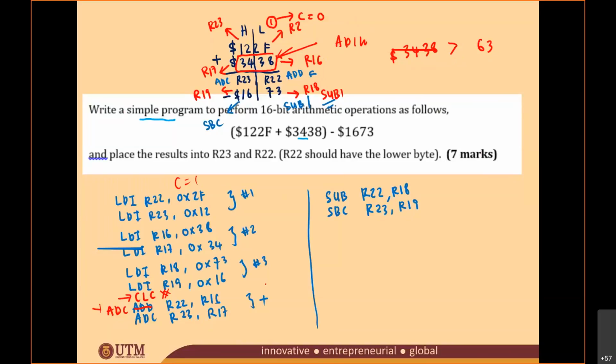So you cannot use the ADIW. Same for SBIW, it is greater than the required value there. If this value is smaller than this, yes, you can use the ADIW. But this one is definitely greater than 63, so you cannot use the ADIW.